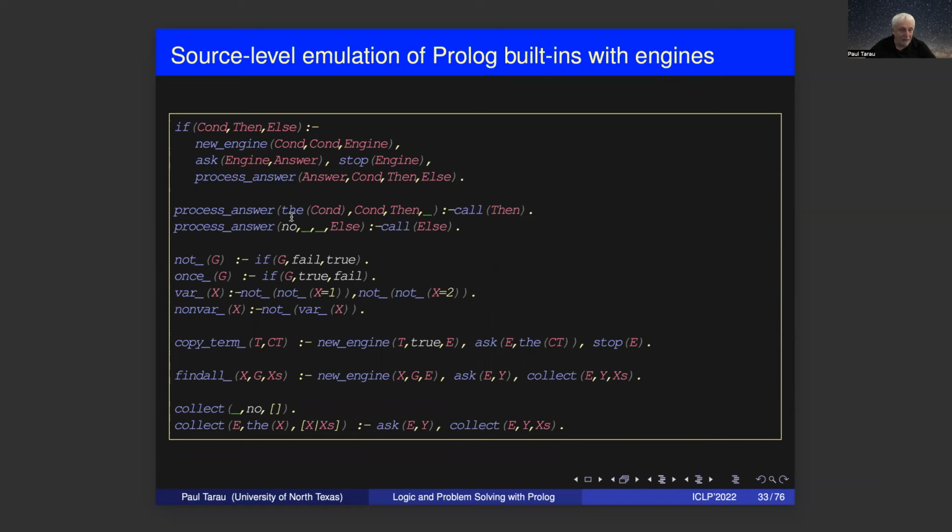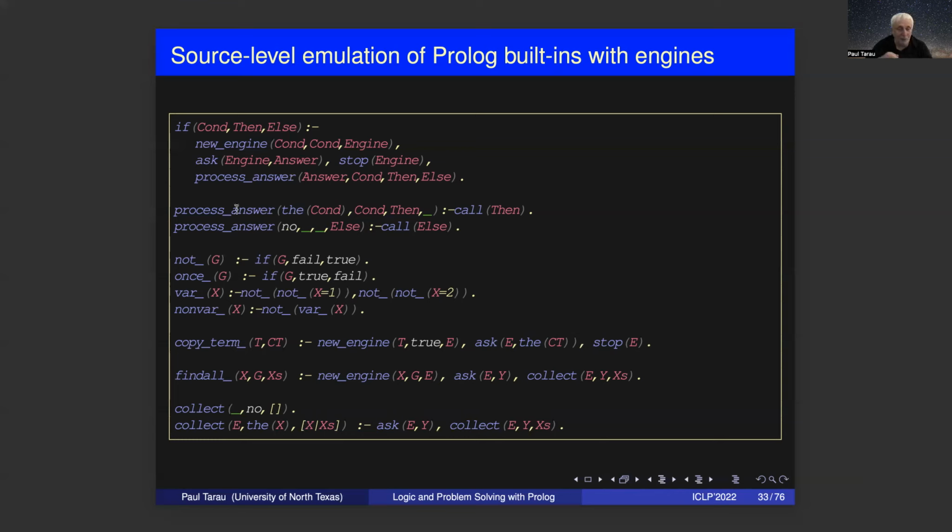You get the condition back, and in that case, you propagate the bindings to the condition variable, and then you call the then part, right? That's what if-then-else does. And if the engine returns no, saying it didn't work for me, then you call the else part.